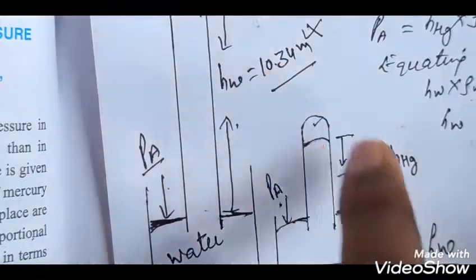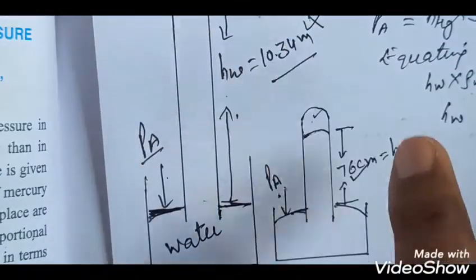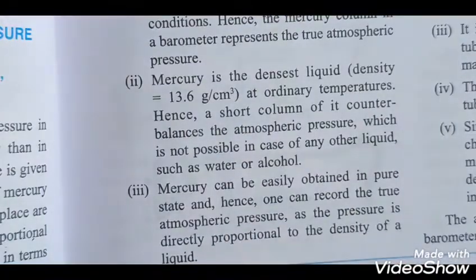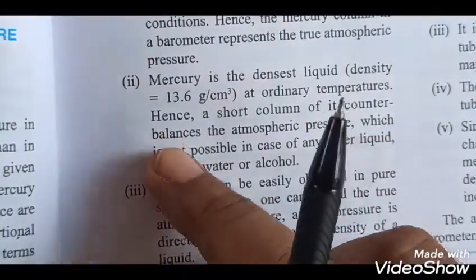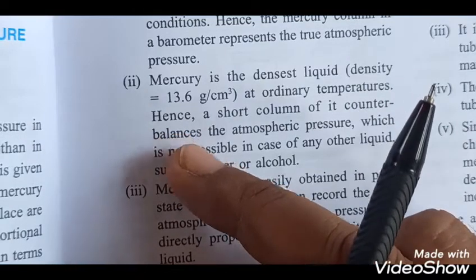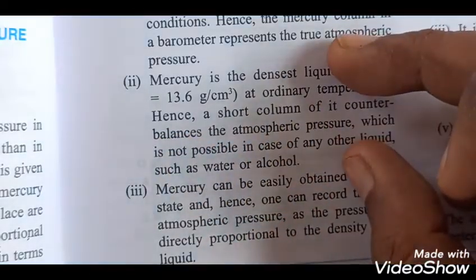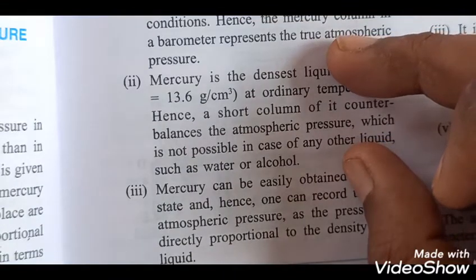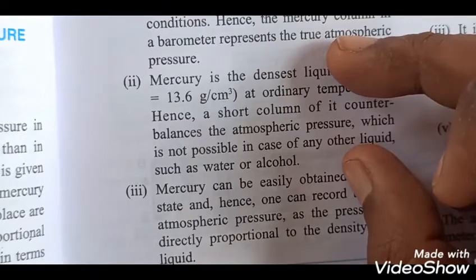And why is this height less and here more? Because the density of mercury is very high, and denser liquid applies more pressure. That is why a lesser height of mercury can apply enough pressure to compensate atmospheric pressure.